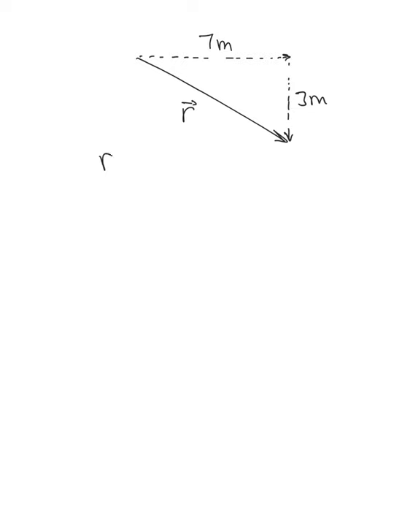That is, I want to be able to write r vector as the magnitude of r vector multiplied by r hat, where r hat is a vector that points in the same direction as r vector, but has a length of 1, right? So r hat would be something like this. It would be a vector that points down and to the right in the same direction as r vector, but it has a length of 1 and no units of its own. So it doesn't have units of meters like r vector.